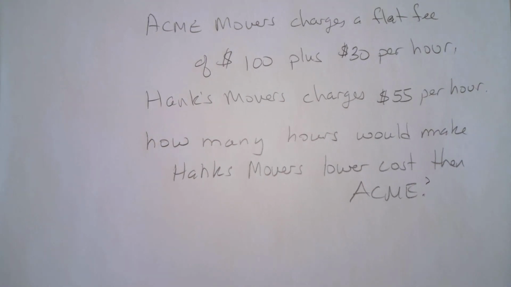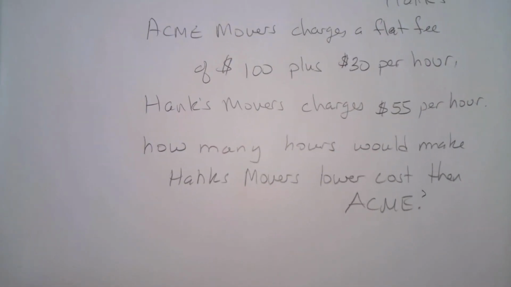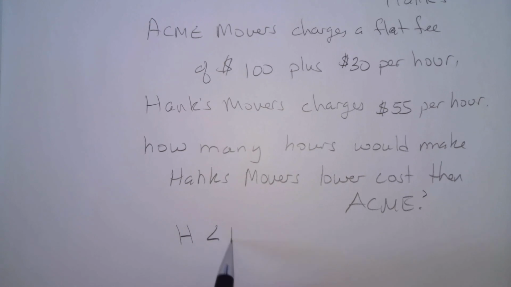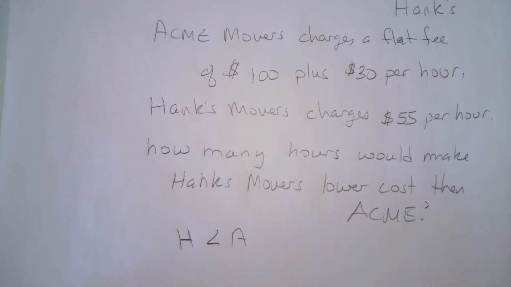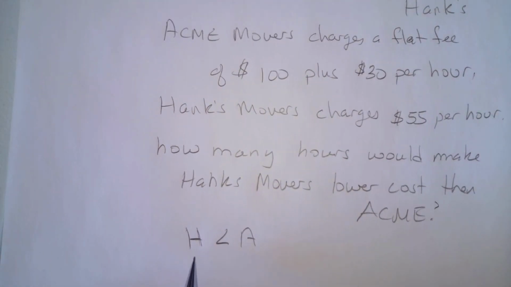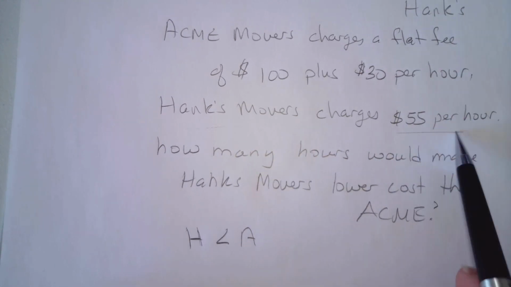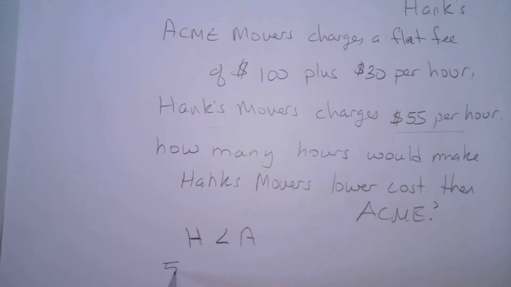So how many hours would make Hanks Movers cheaper, because eventually at some point they could come out to be equal. So what we're looking for is this. Hanks is less than Acme. What's Hanks's formula? Hanks's is $55 per hour.